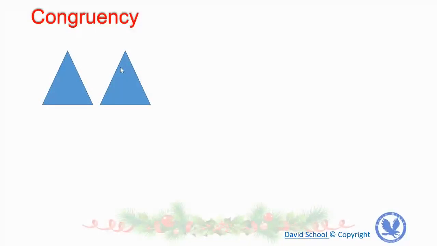They look exactly the same size, same shape. So we can call them congruent triangles. These two are pentagons, yes, because there are 5 sides in this polygon. So we can call them congruent pentagons.